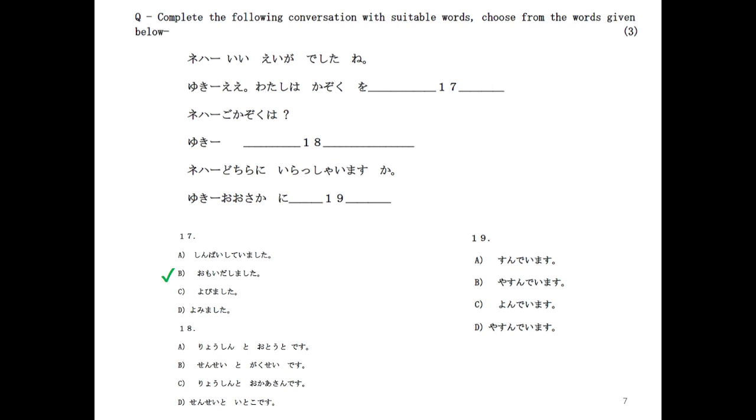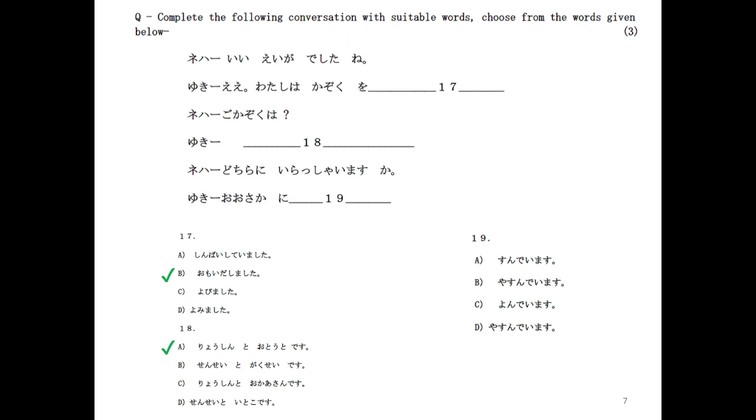C is also not correct because Okasan, which is mother, is a part of Ryoshin, which is parents. Ryoshin means both father and mother. D is also not correct because teacher is not a part of the family. Did you understand? Let us continue.